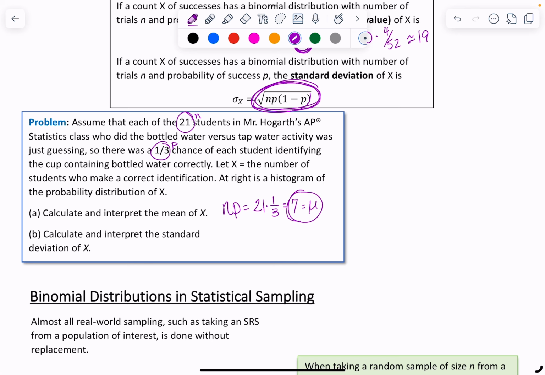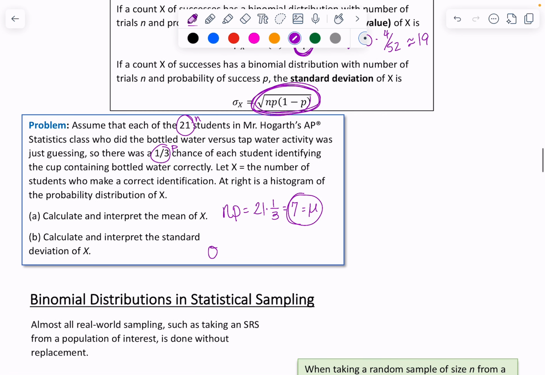For standard deviation, we just plug into that formula. The standard deviation is the square root of 21 times the probability of success, 1/3, times the probability of failure, 2/3, and we get something close to 2.16. Oh, I didn't interpret these.